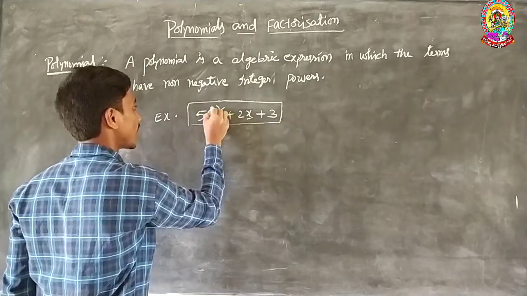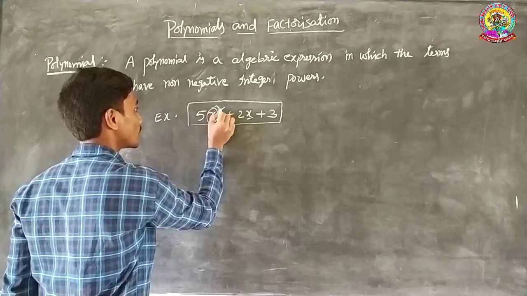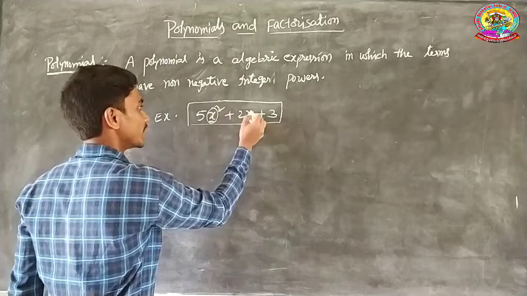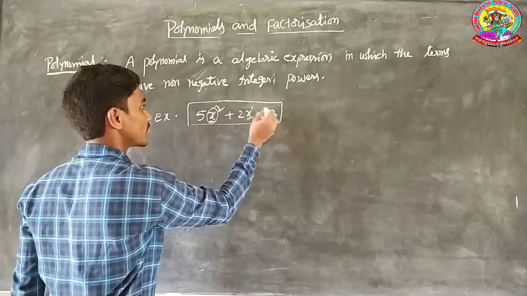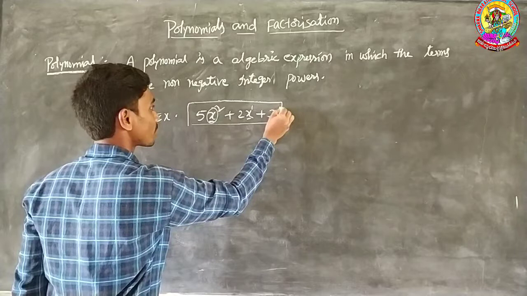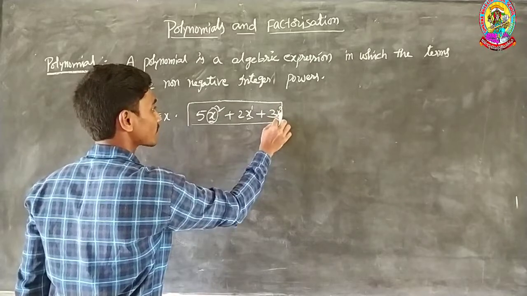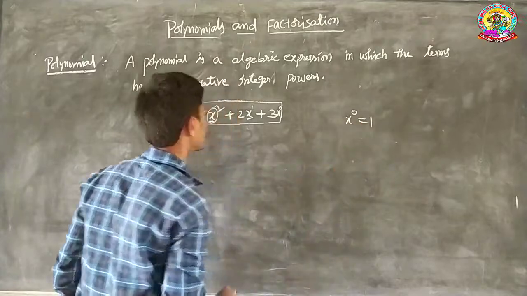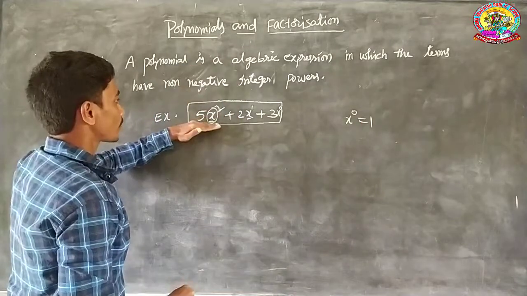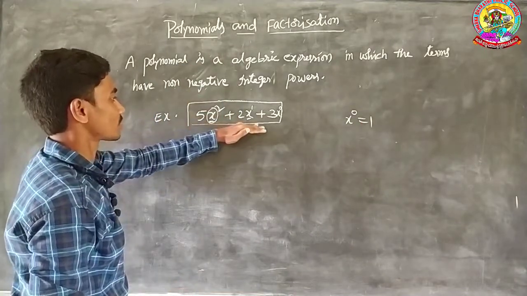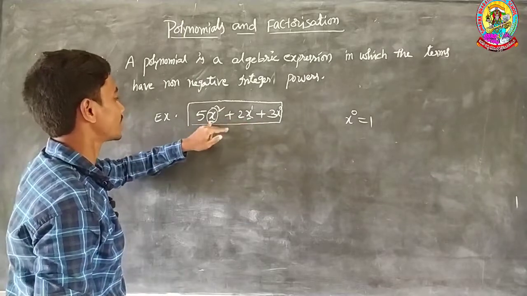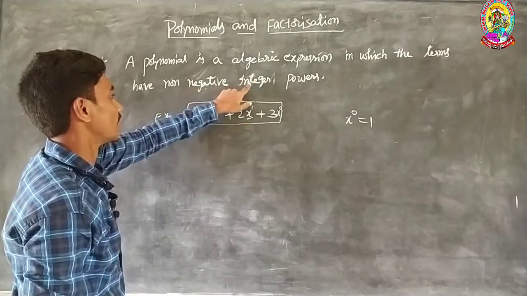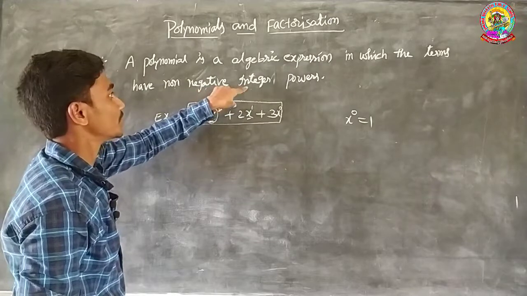Here the variable x has the power 2, an integer. Here the power is 1, an integer. Here the constant term contains the variable x with the power 0. Already you know x power 0 is equal to 1. Clear? Here all the terms under addition contain powers which are non-negative integers.